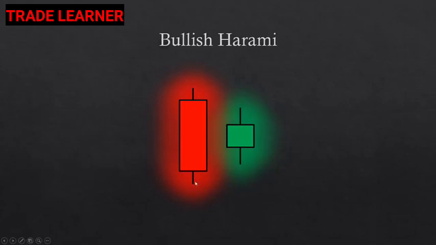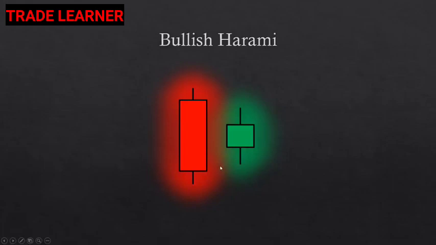The analogy also works in the sense that the harami means the birth of a new trend. In a bullish harami, the first candle is bearish and the second candle is bullish, and fully contained within the range of the first candle. In this case, the small bullish candle represents the new uptrend that is about to be born. There can be a small gap up between the two candles, which helps confirm this bullish signal.